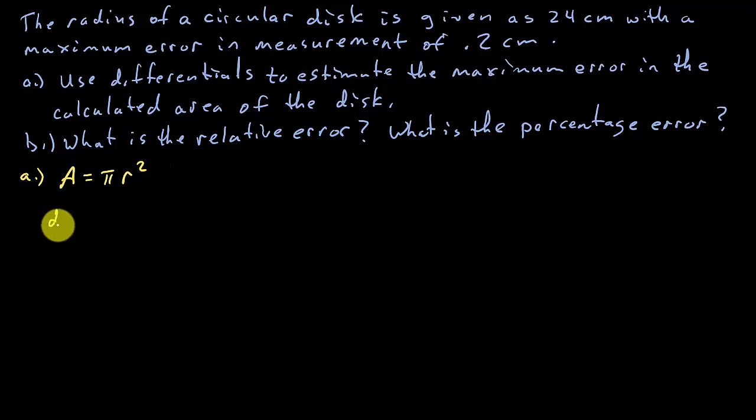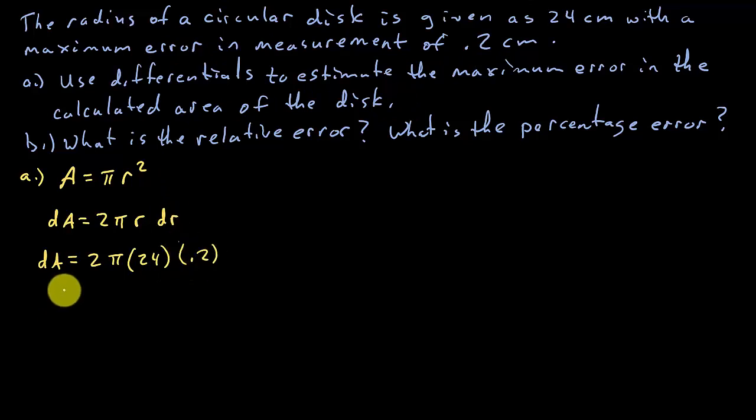If I calculate the differential, that's 2 pi r times dr. So this is going to be 2 pi times the radius, which is 24, and the error in measurement is 0.2, that's dr. When we punch that into our calculator, that is 9.6 pi. So that answers part A.